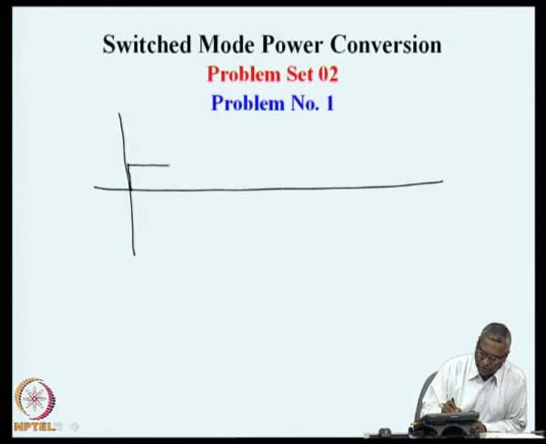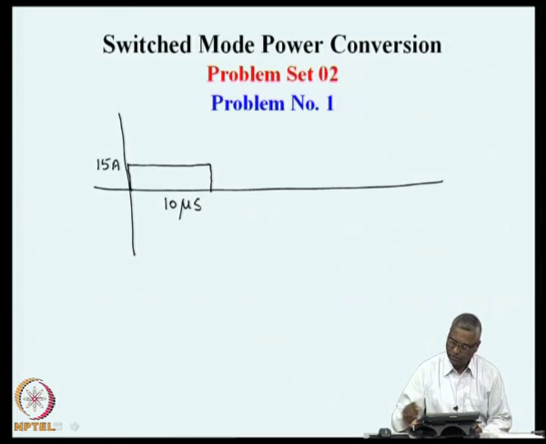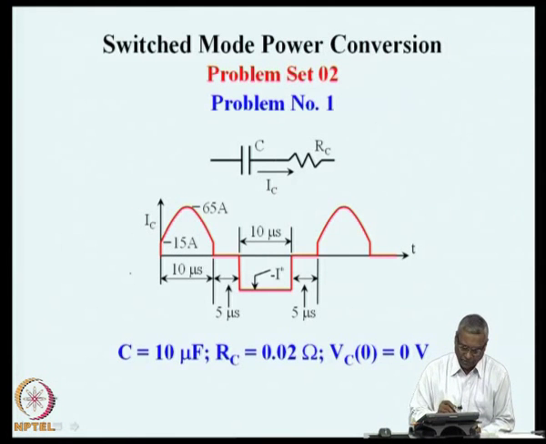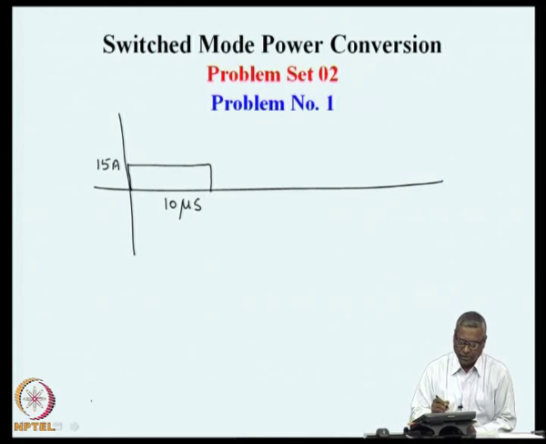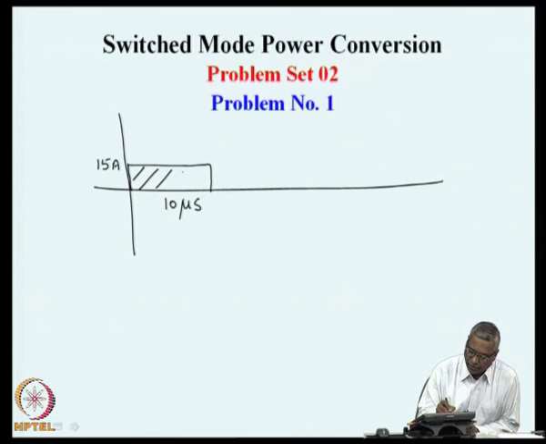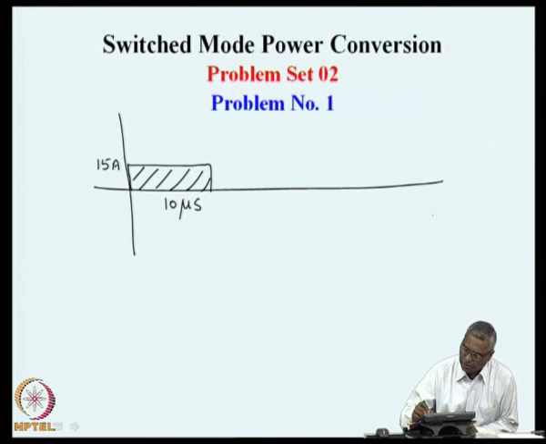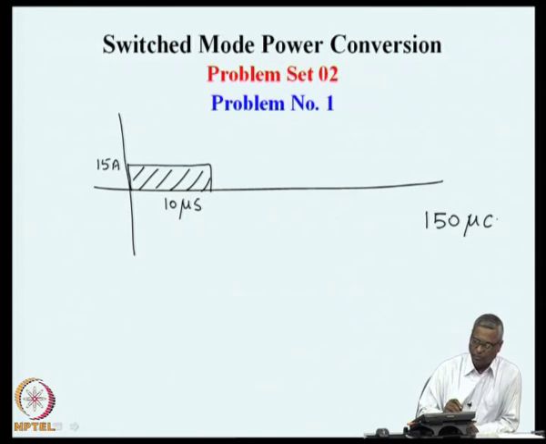There is one section of current which is 15 amperes for 10 microsecond. So this area is 150 microcoulomb. 15 into 10 microsecond into ampere is microcoulomb.